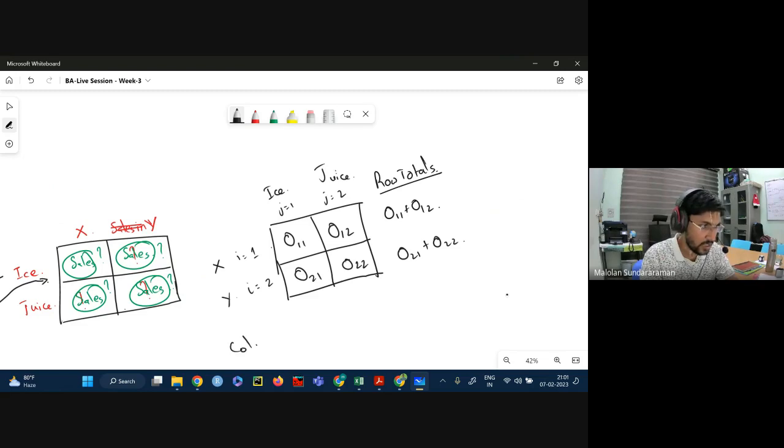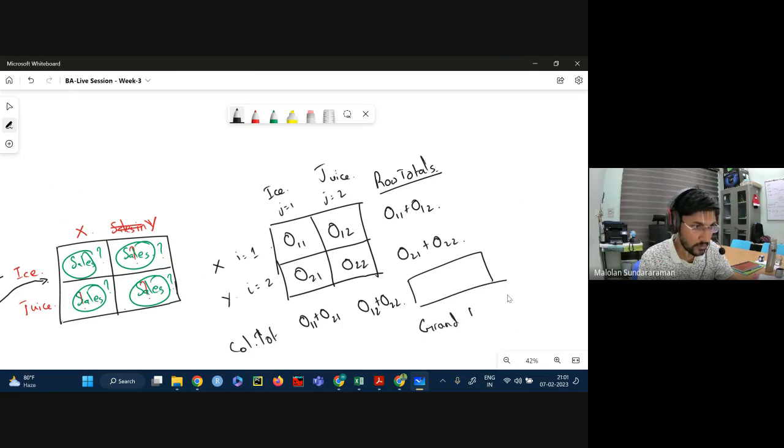Then similarly, you have column totals O11 plus O21 and O12 plus O22. And then you have the grand total, which is your sample size, O11 plus O12 plus O21 plus O22. Fine? With me so far?